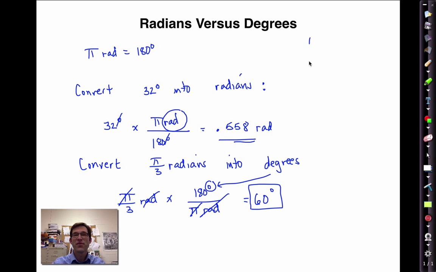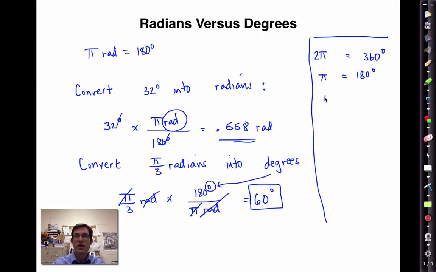In fact, there are some very important ones. We already listed that 2 pi radians is 360 degrees, pi radians is 180 degrees, and pi over 2 radians is 90 degrees, but we can add some other very important ones. Pi divided by 3 is 60 degrees.